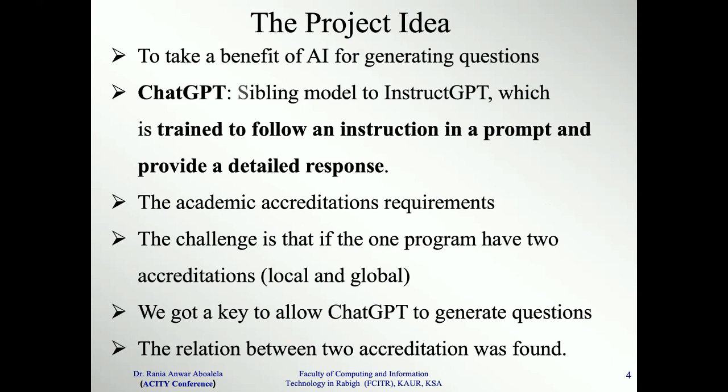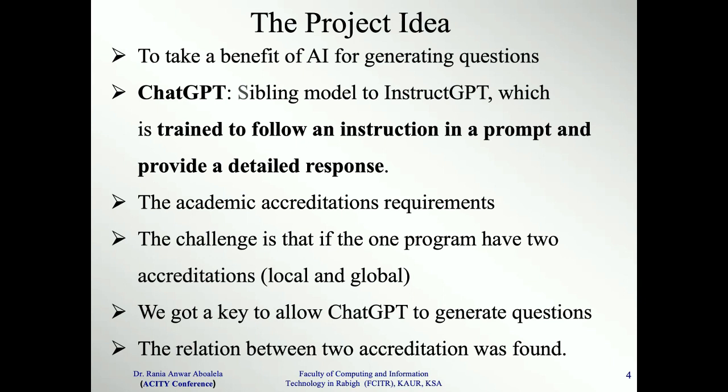The project idea: I am trying to take the benefit of artificial intelligence for generating high quality and accurate questions. To do that, I have to follow some accreditation and requirements that allow providing high quality assessments.